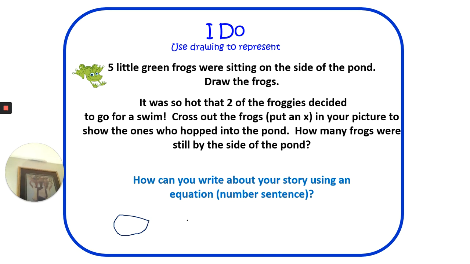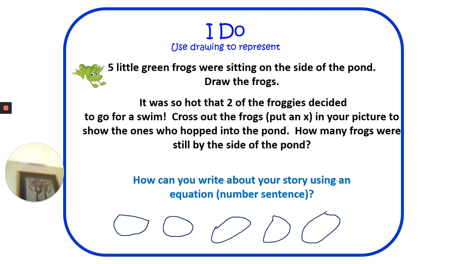I'm going to pretend 1, 2, 3, 4, 5. Now remember, I don't want you to do it yet. I want you to watch me. So 5 little frogs were sitting on the side of the pond. Here go my 1, 2, 3, 4, 5 frogs sitting on the side of the pond.